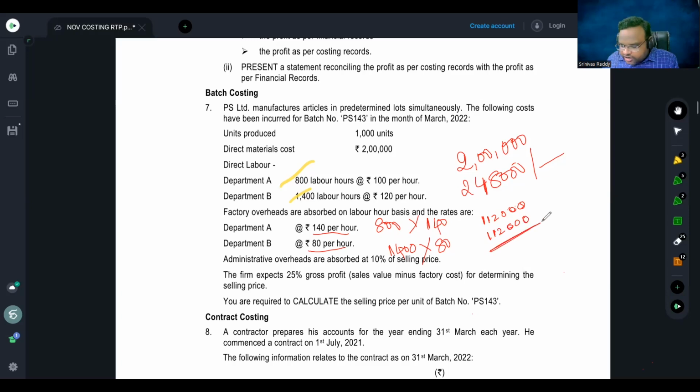So how much will you get as factory cost? Plus 2 lakhs. So you'll be getting 6,72,000, right?